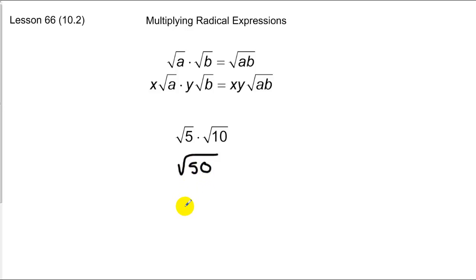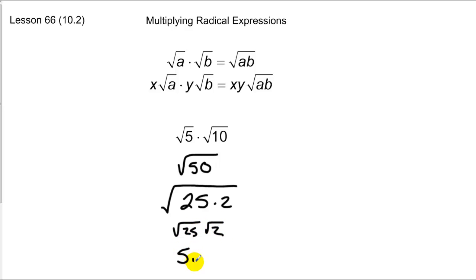Clearly it's not, because there is a perfect square factor within 50 of 25. And I know that I can break this apart now. And the square root of 25 is 5, so root 50 is 5 root 2. So this is my answer here.